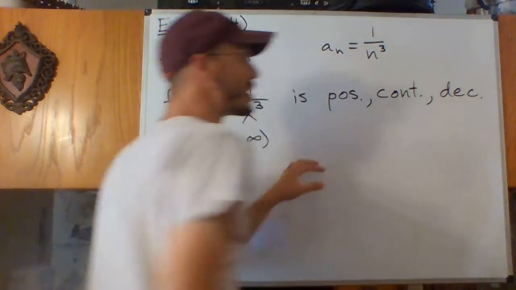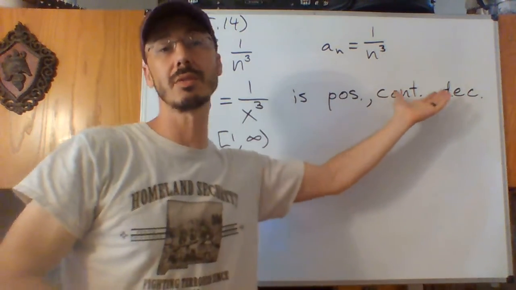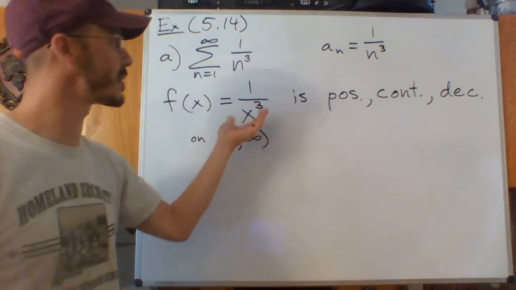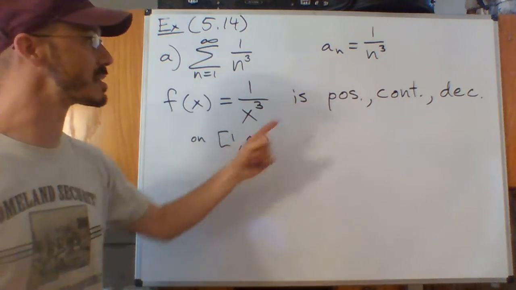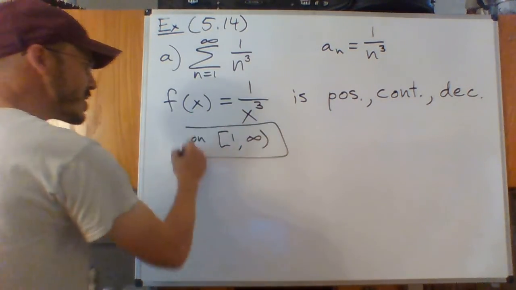If you're checking a function for that and you write them down, I recommend abbreviations so you don't write out the whole words, but checking those three things, think about it with this function, maybe even look at a graph of this function on Desmos or a calculator to see that it's positive, continuous, and decreasing. Again, only matters on this interval.